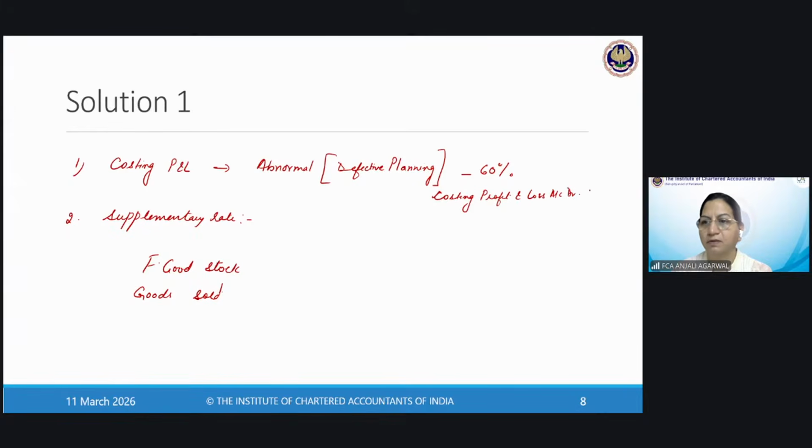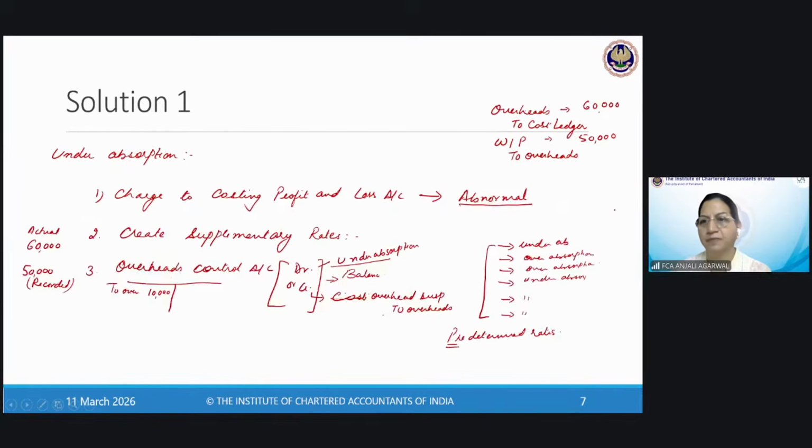debit 6,000 and overheads credit 6,000. So you see overheads was debited by 60,000, overheads was credited by 50,000, and now we have credited by another 6,000.